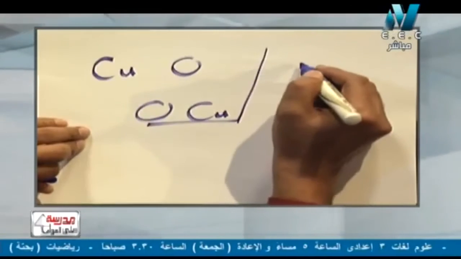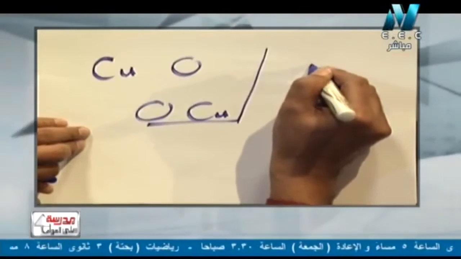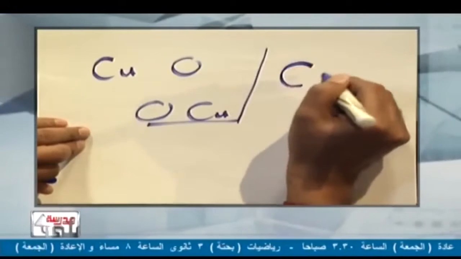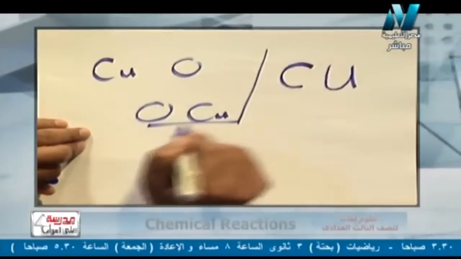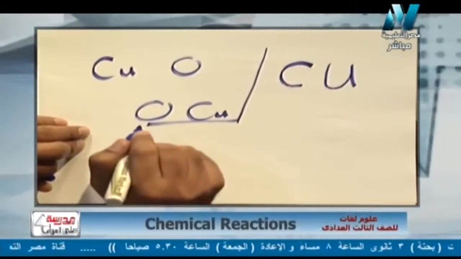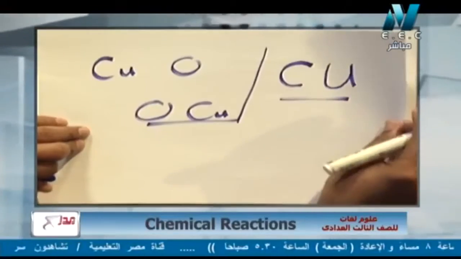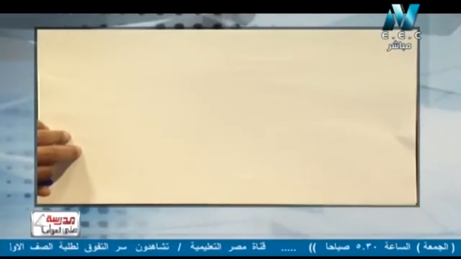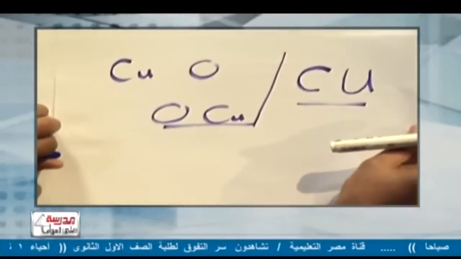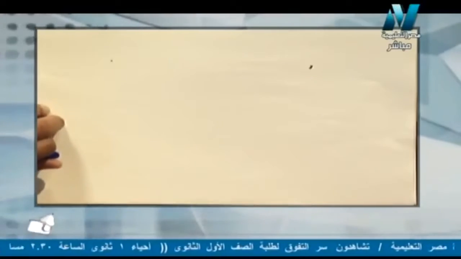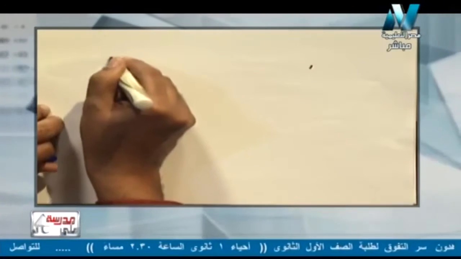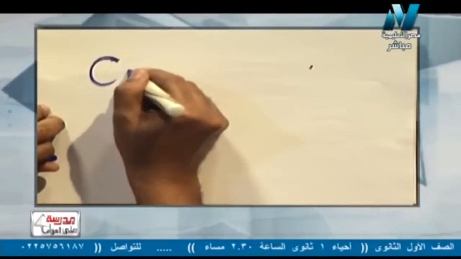What's your opinion if I write it with C capital, U capital? No, because for the two letters of the same element, the first is capital and the second is small. So I must write C capital, U small.